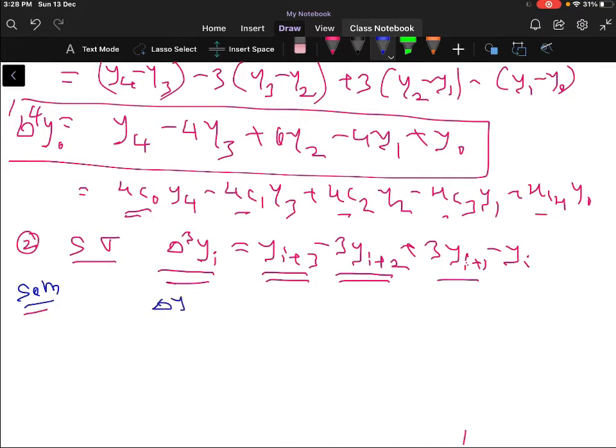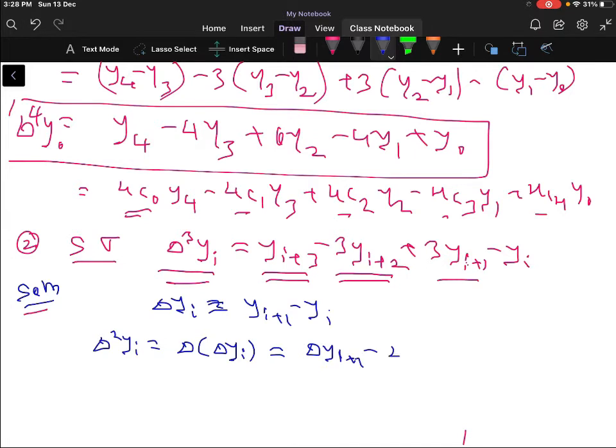We know that delta yi is equal to yi plus 1 minus yi. So let us find delta square yi. Delta square yi is equal to delta of delta yi. So you take the delta on the RHS also, that is delta yi plus 1 minus delta yi.